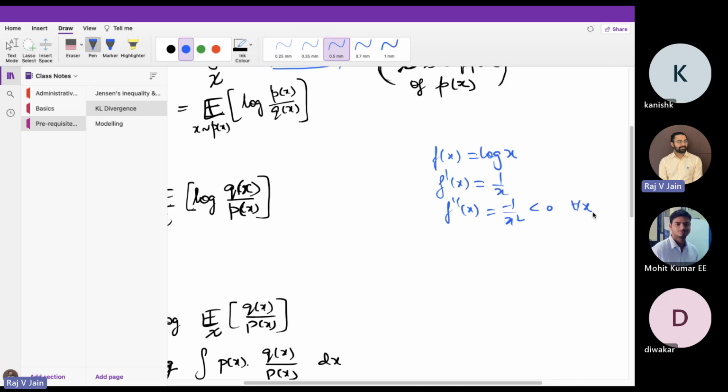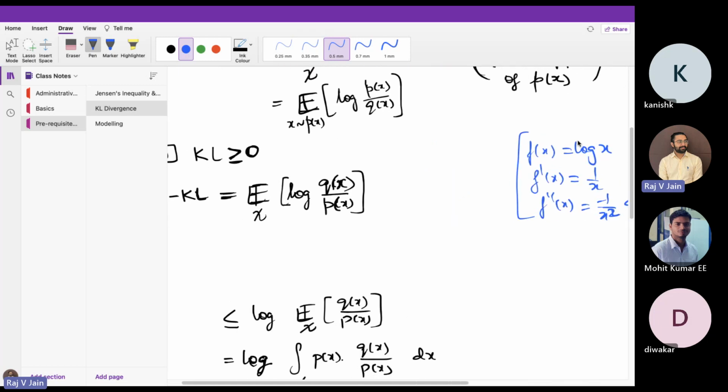And here, for all x means for all x where log is defined, that is the positive real number line. So because this is true, log is a concave function, and strictly concave, by the way.